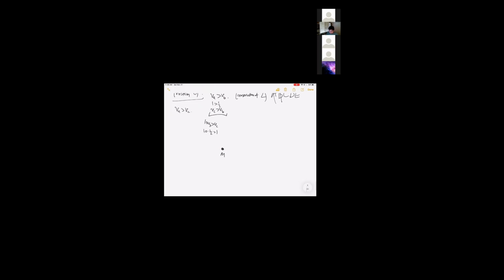Before I talk about that, let me just set this up. This is R times alpha, and this is R times beta, and the problem gives us that 1/3 is less than alpha, which is less than 1/2, and 2 is less than beta, which is less than 3.